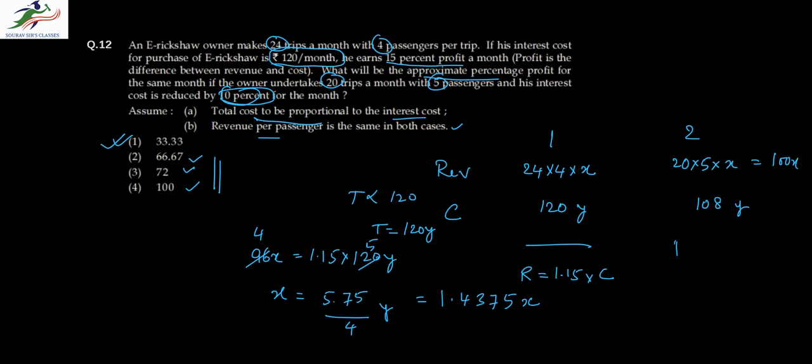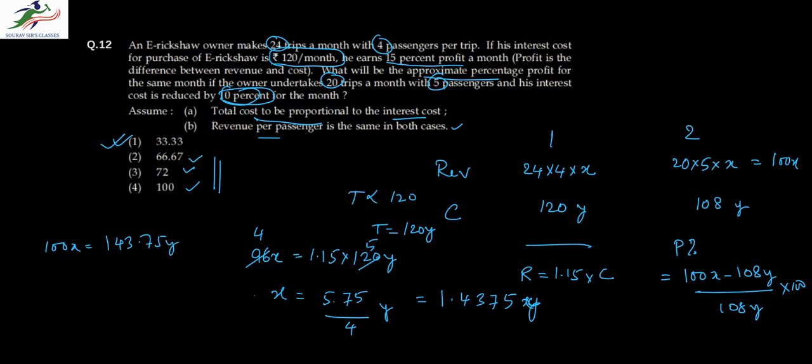So the profit percentage here is (100x minus 108y) by 108y into 100. We know x is 1.4375y, so 100x would be 143.75y.